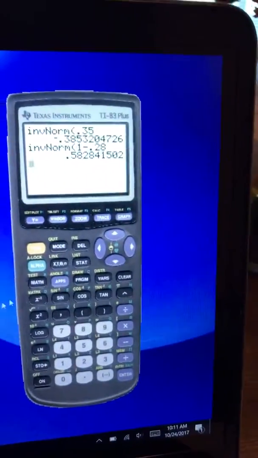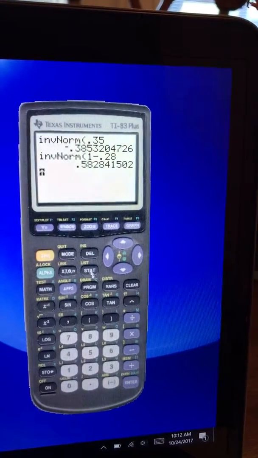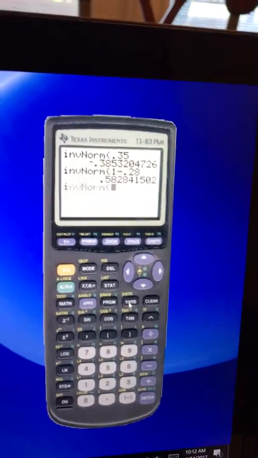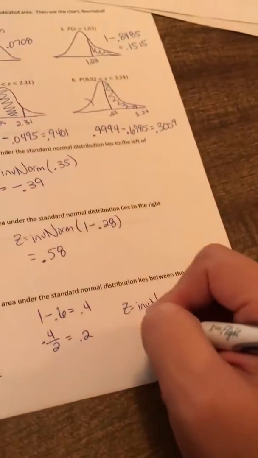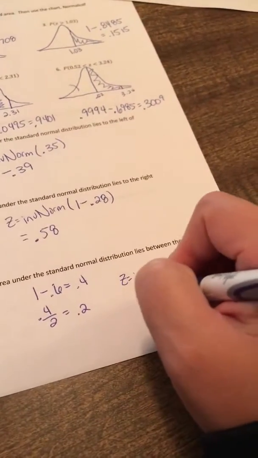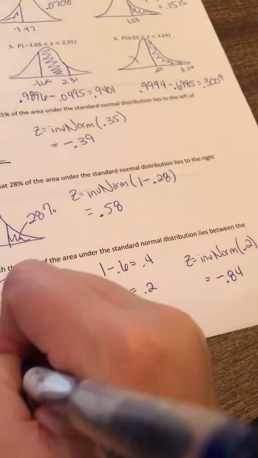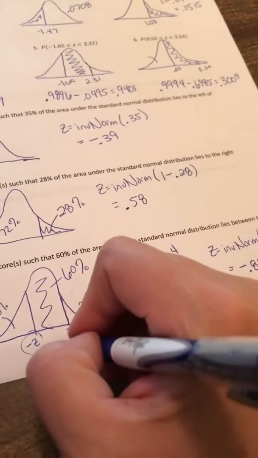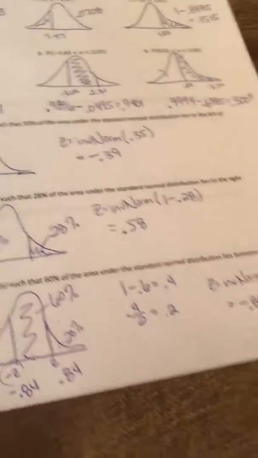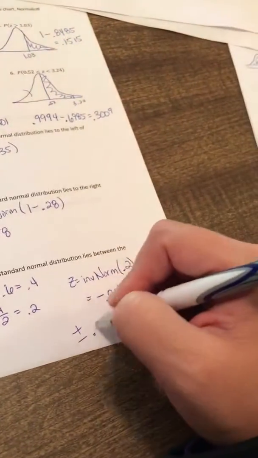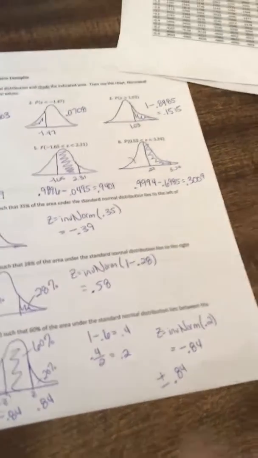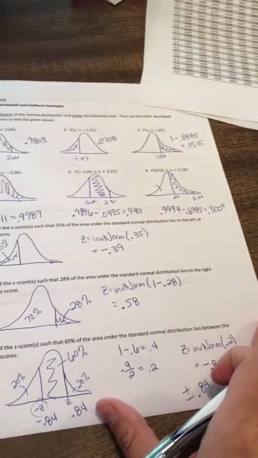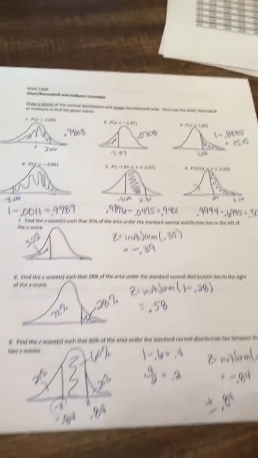Inverse norm of 0.2, and that's going to give us negative 0.84. So this one down here is negative 0.84, which means since they're symmetric, this one up here is positive 0.84. So z is plus or minus 0.84. So if you want the z-score when you're between two values, just remember subtract whatever's in the middle from 1, divide it in half, and then you can use inverse norm.